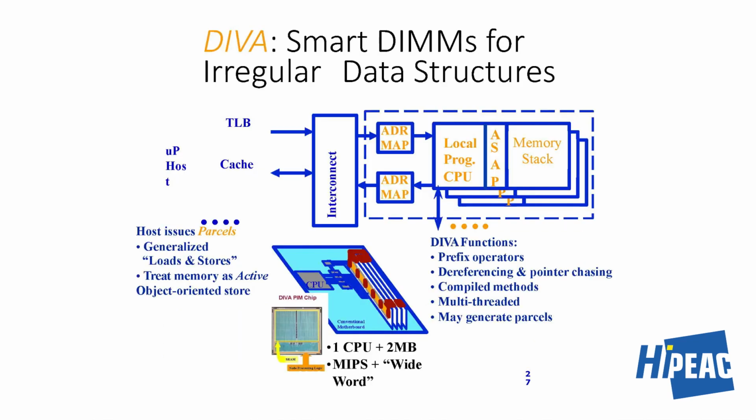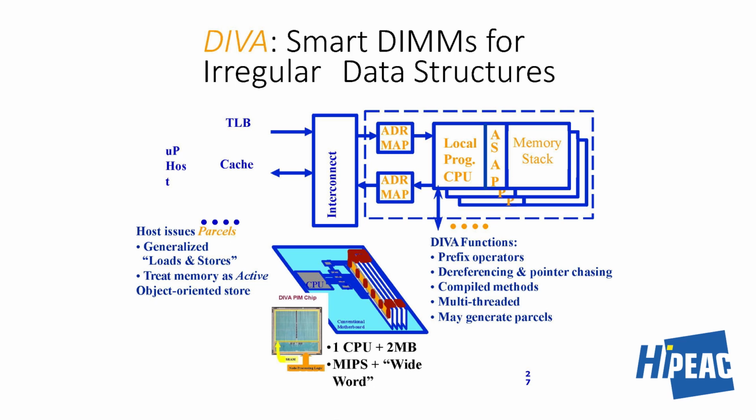A more famous one is the DIVA architecture here. This one is closer to the PIM products which are in the market today. They didn't really change the DIMM itself, right? This was a conventional motherboard and they had the memory, and they added some logic cores, not vector units, but more logic cores close to memory, in the motherboard.